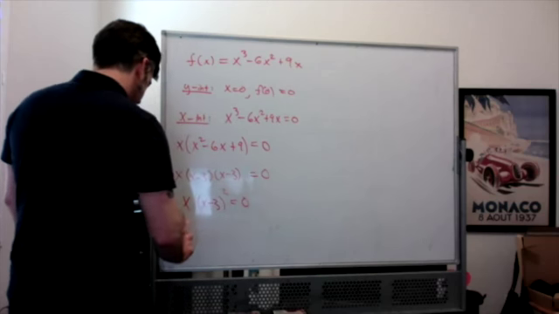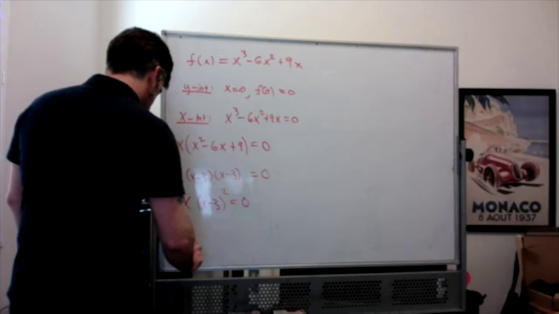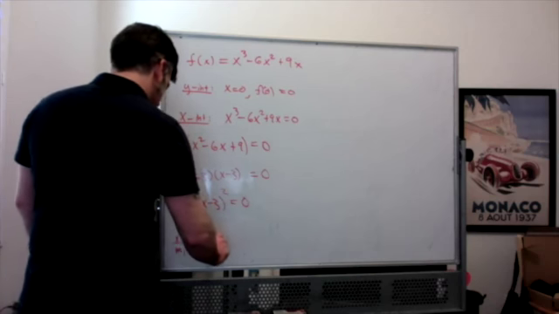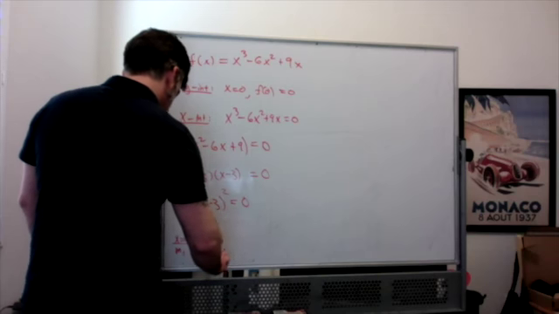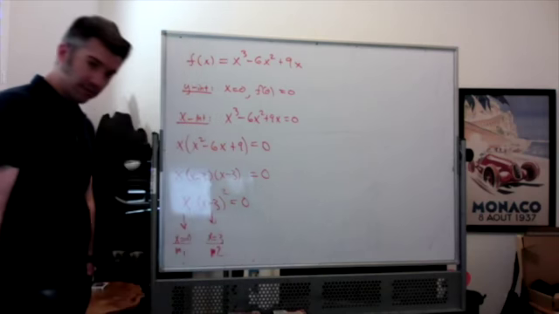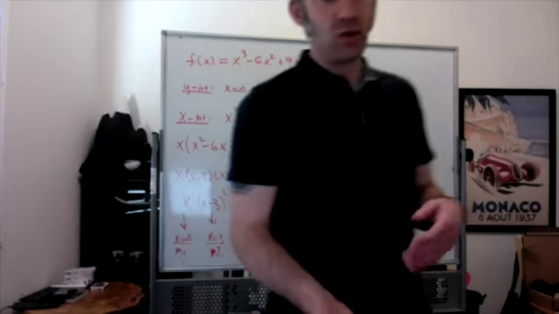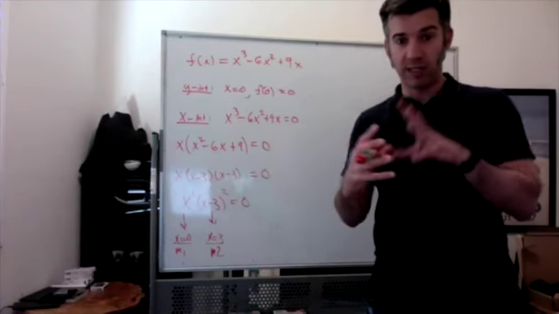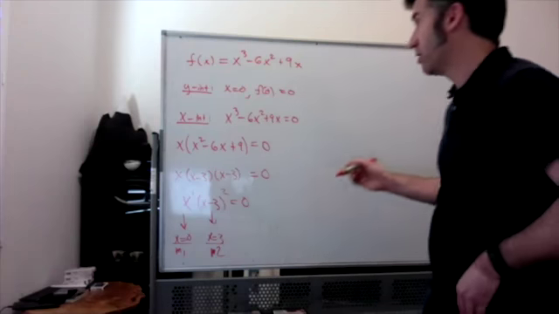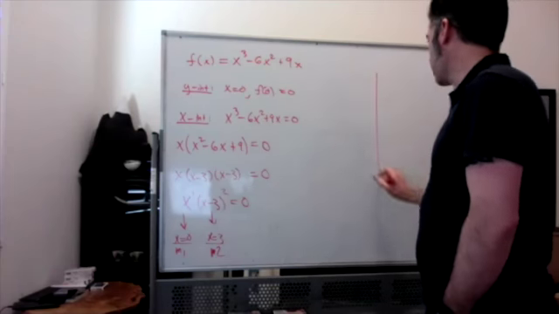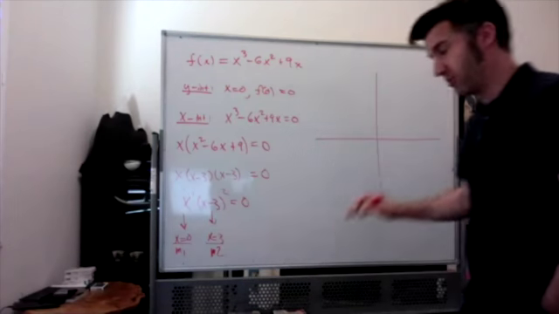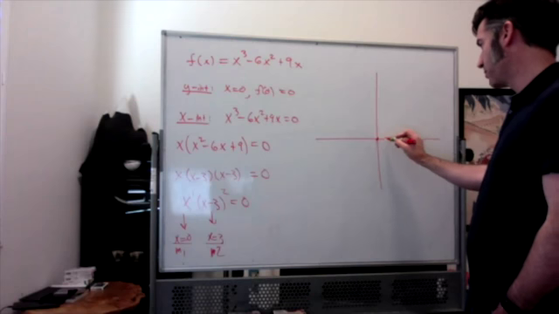So we get x equal to 0 with a multiplicity of 1, and x equal to 3 with a multiplicity of 2. If you have a factor that's repeated, you need to combine them all into one piece and write it to a power. Graphically, here's what we have. We have an intercept at 0 and an intercept at 3. And that's kind of all we have.